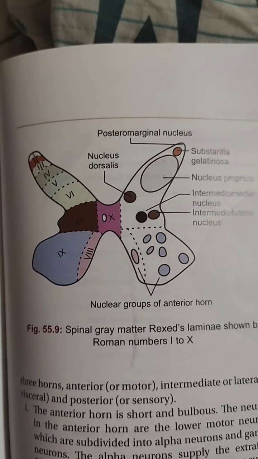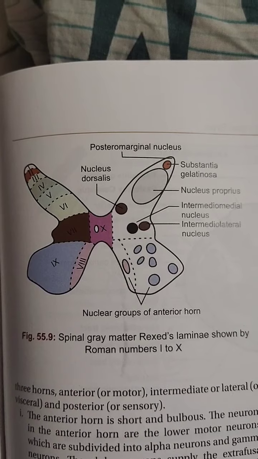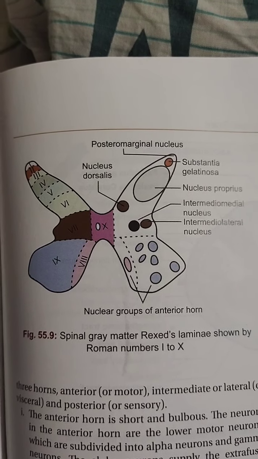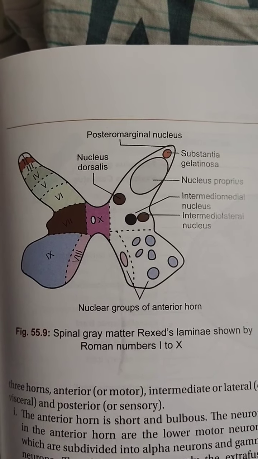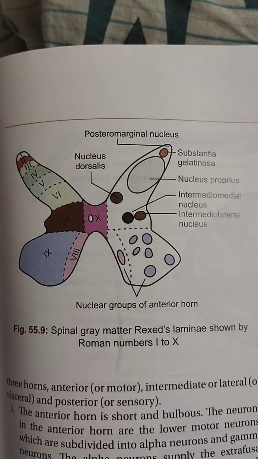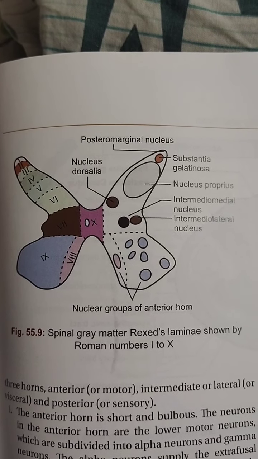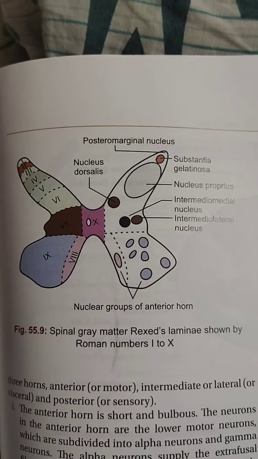Now coming to the gray matter. The spinal gray matter is divided into three parts: anterior, lateral and posterior horns.